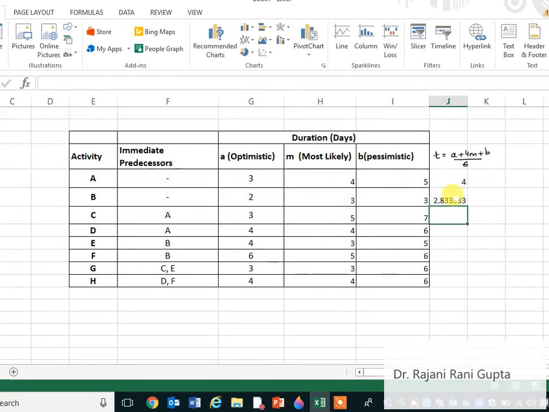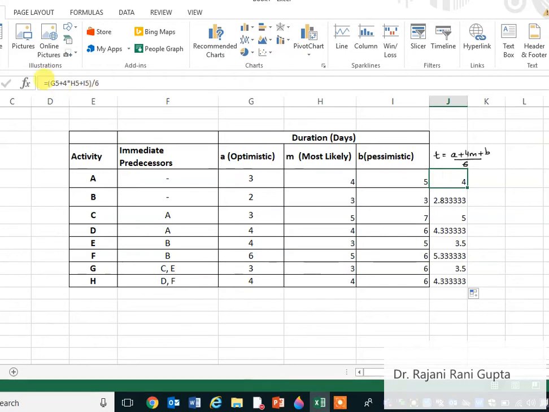Or the other way is, see, this number comes out to be 2.833. The other way is, if you don't want to do it in this way, you just select here, and when you bring the cursor to the corner of this cell, you see a small plus sign there. Just click and drag. It will automatically calculate the values by using the same formula.